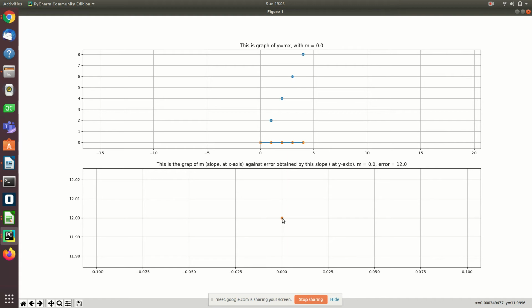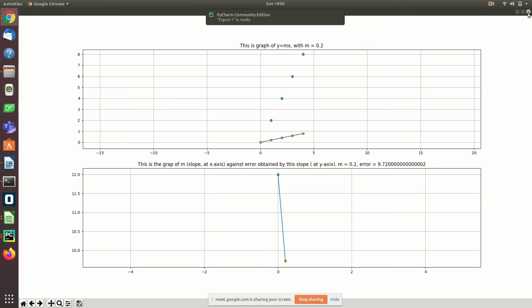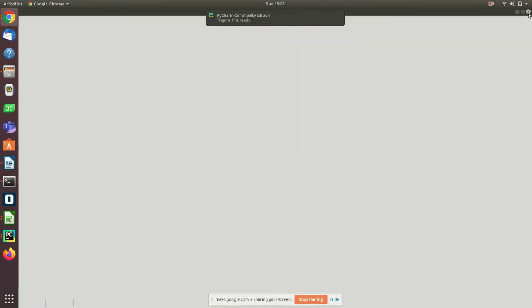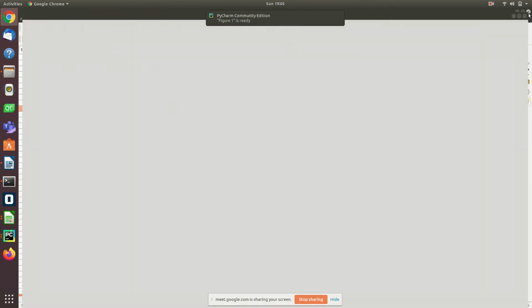Yes. This is very important to understand. This graph is a graph of y is equal to mx. At the x-axis I have my assumed m, at the y-axis I have the error obtained by the slope. How I obtain error, I already explained. So what happens when I make it 0.2, see the line and see its error, the error came here, okay. 0.4, I keep increasing, it's already there in the program.